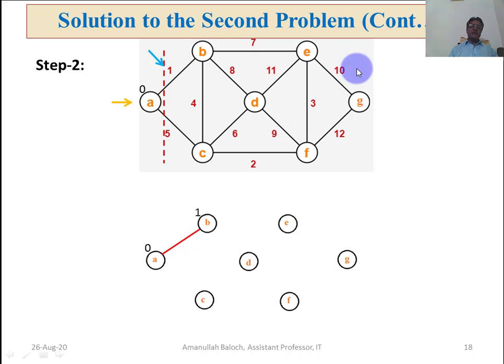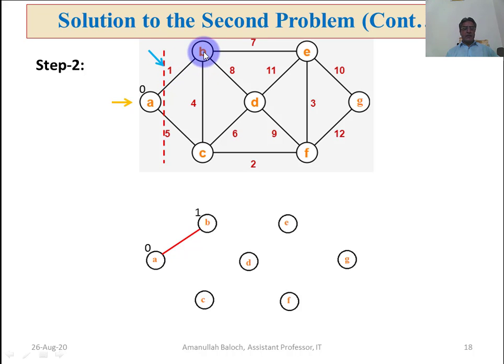There are 4 edges under this cutting edge: edge having weight 7, edge having weight 8, edge having weight 4, and edge having weight 5. 4 is the light weight. So Prim will attack this edge and make it part of the MST. So this edge has become part of the MST, and its weight has become the key value of C. So the key value of C is 4.